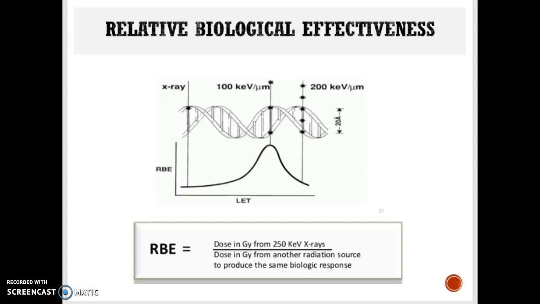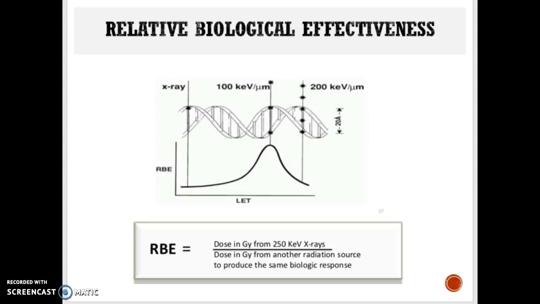Equal doses of different types of radiation produce different biological effects, or relative biological effects, which is all to do with the pattern of energy deposition or transfer of that ionizing radiation energy. And we'll look at that more closely in a minute. So it is the relative effect on the body, and this will depend on how the energy is deposited or the linear energy transfer of that radiation.